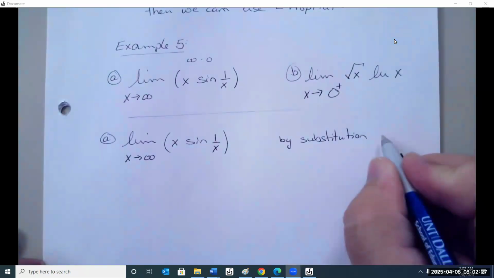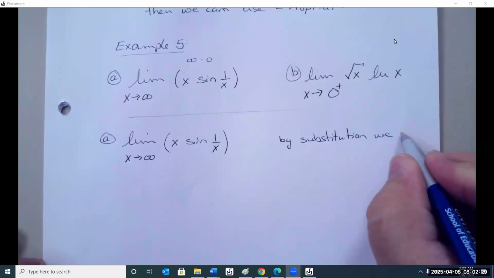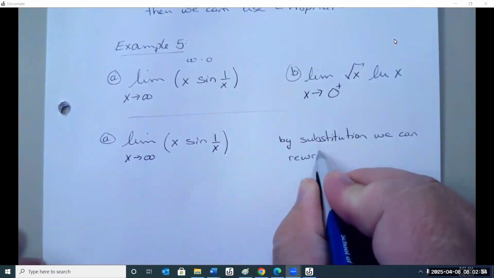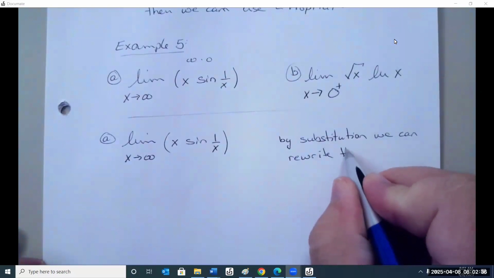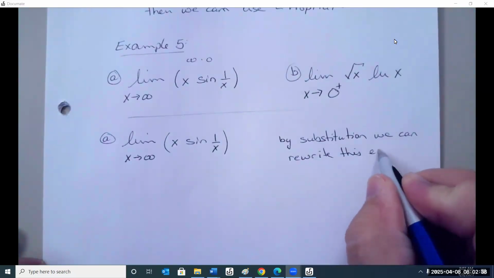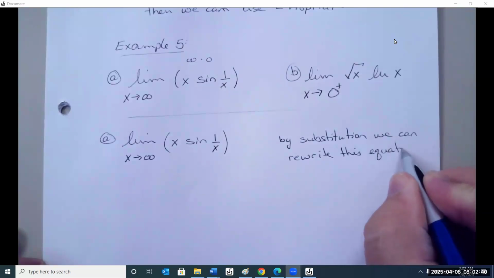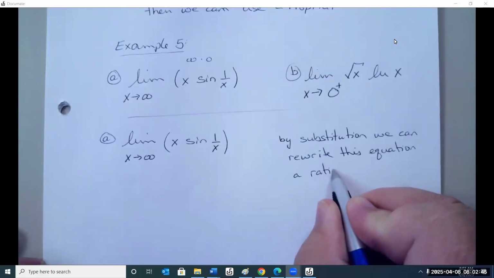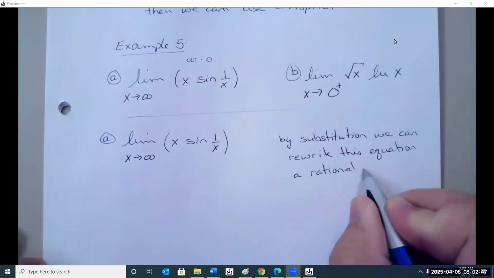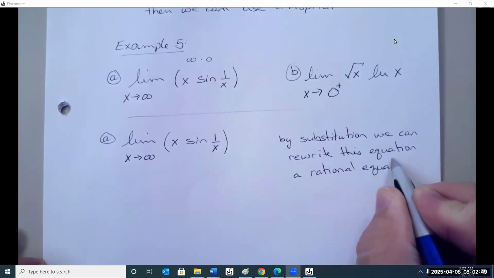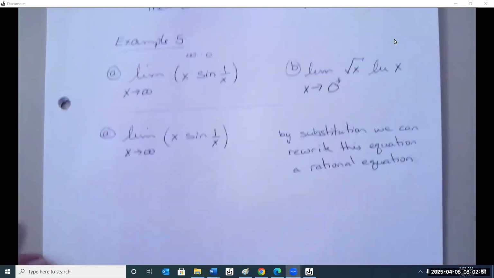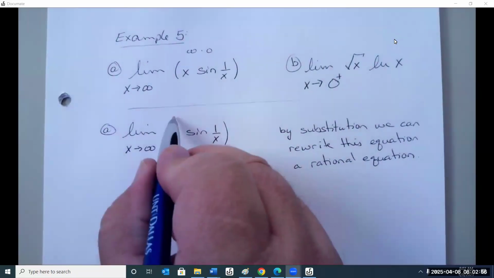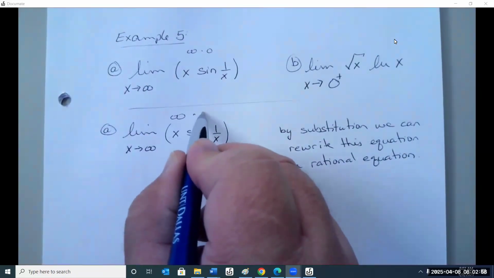By substitution, we can rewrite this equation as a rational equation. Because right now, as I said, it's infinity times 0.